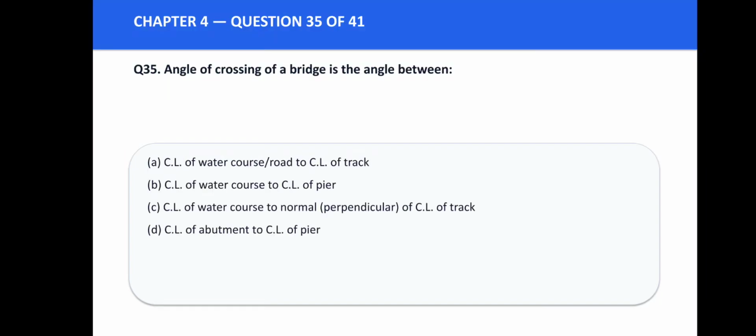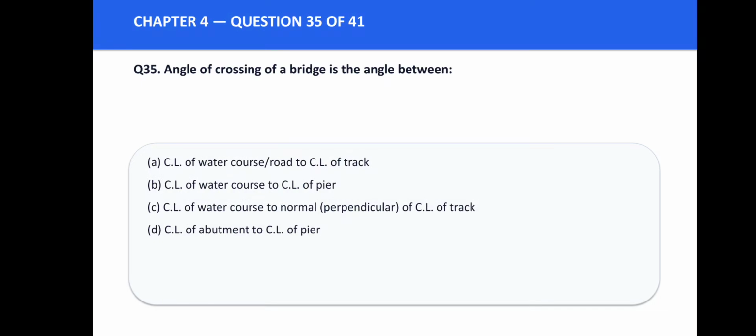Question 35. Angle of crossing of a bridge is the angle between which two lines? Option A, center line of watercourse or road to center line of track. Option B, center line of watercourse to center line of pier. Option C, center line of watercourse to normal of center line of track.